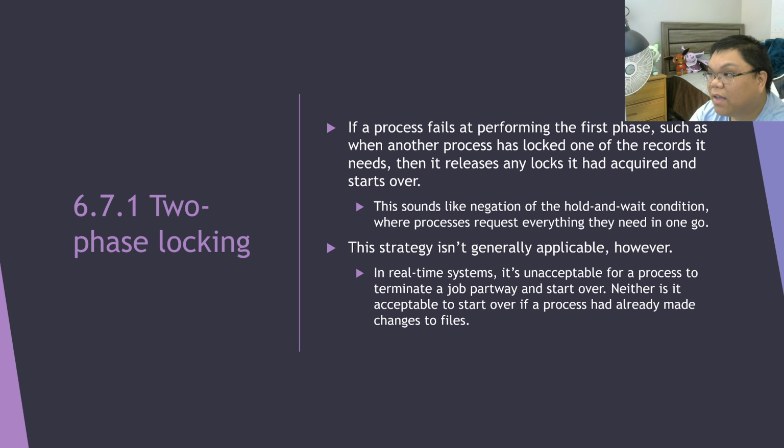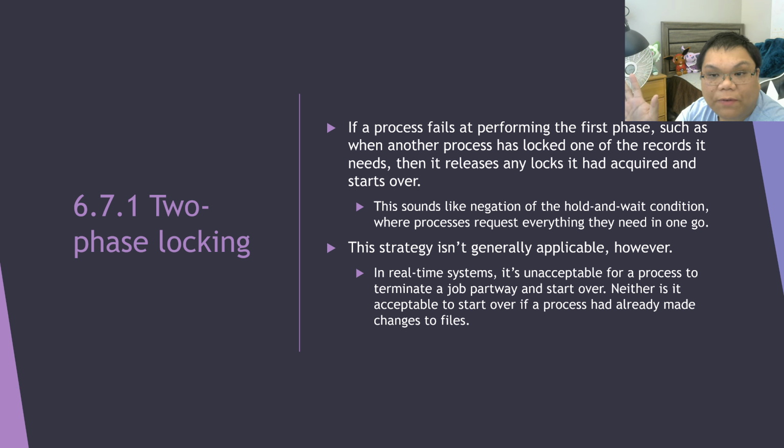If a process fails at performing the first phase, such as when another process has locked one of the records it needs, then it releases any acquired locks and starts over. This kind of sounds like the negation of the hold and wait condition, because check this out. We have a process requesting resources all in one go.